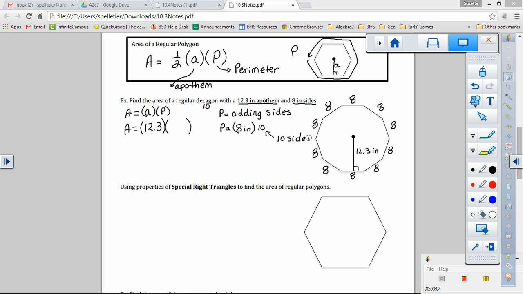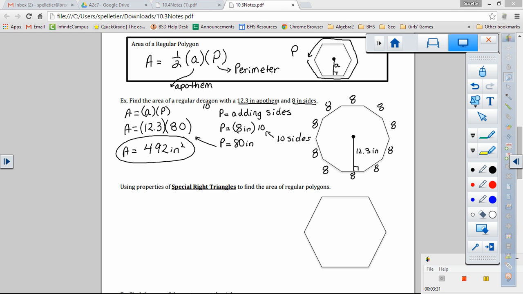So there's 8 and there are 10 of them. So the perimeter is equal to 80 inches. Now I have what I need, and I can plug it in. And so the area of this regular polygon is 492 inches squared.